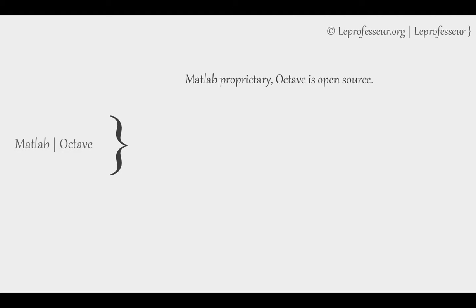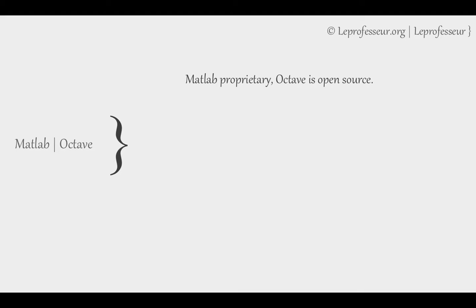First of all, as you know already, Matlab is proprietary and Octave is open source. So of course there might be some issues with installation and support. You might have to look for help on Octave, but recently the developers have done a wonderful job, so you can just download Octave and get programming as quickly as you can with Matlab.